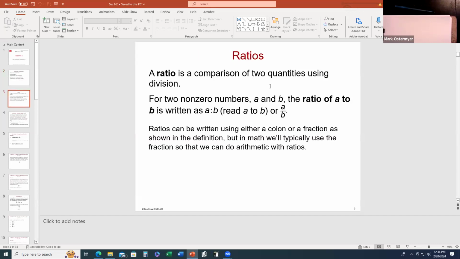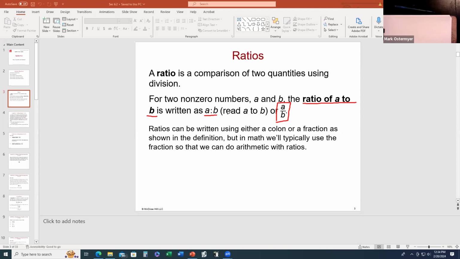A ratio is nothing more than a fraction. And ratios can be expressed as a fraction, A over B. Or you could say the ratio of A to B. Or you can put a colon in between A and B. All these are equivalent ways of representing the ratio A to B. Now the thing with ratios is that the units in the numerator and the denominator are the same.